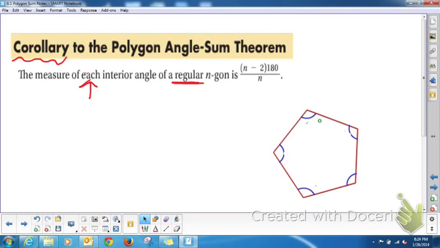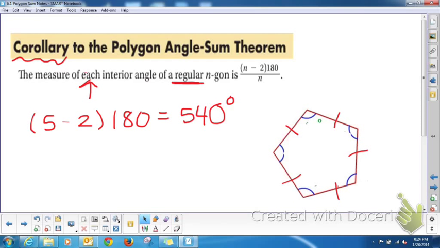So in this situation, we have a pentagon. It's 5 sides. So 5 minus 2 times 180 is going to give us the interior angles of this pentagon. So in this situation, we're going to have how many degrees? Yeah, 540 degrees inside of a pentagon. Well, this is a regular pentagon.